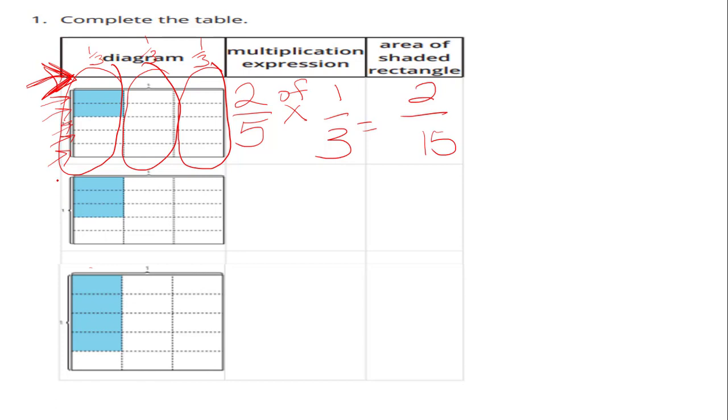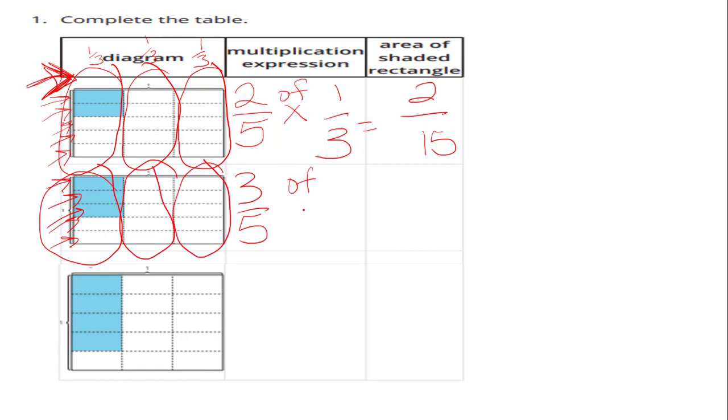Okay, let's look at this next one. We have 1, 2, 3 shaded out of 5 sections. And of course, the one whole is divided into 3 sections again. So we have 3/5 out of one of the thirds. So I have 3 times 1 is 3, 5 times 3 is 15.